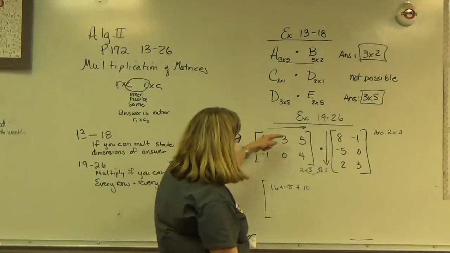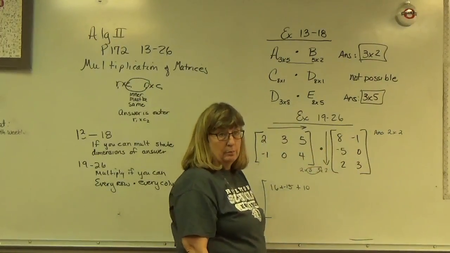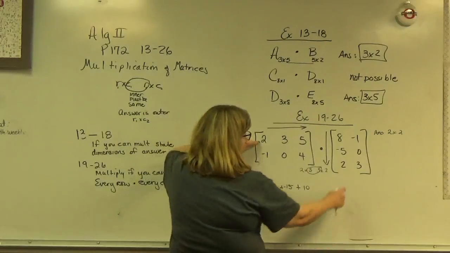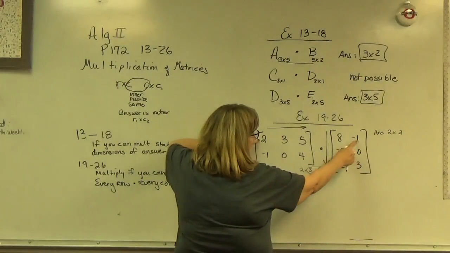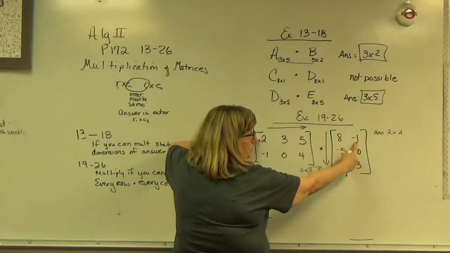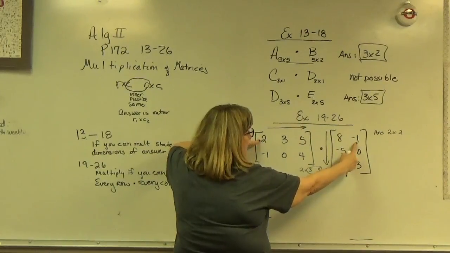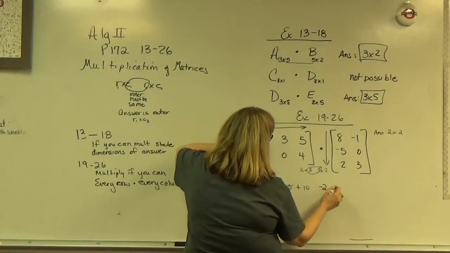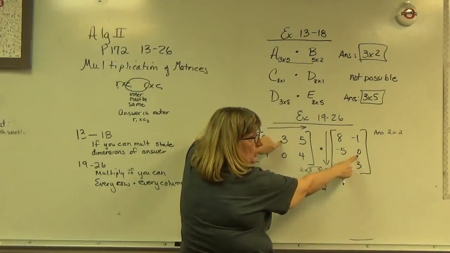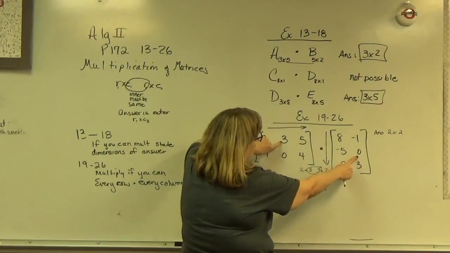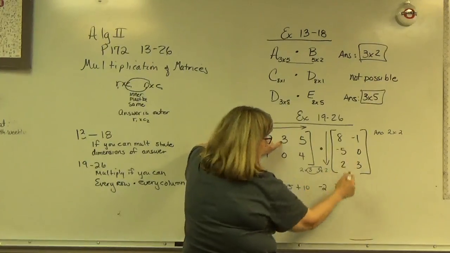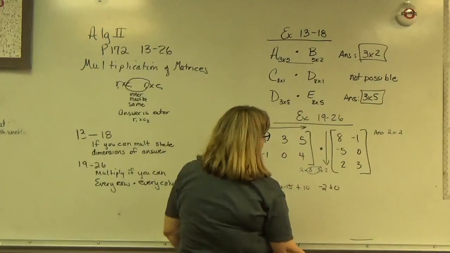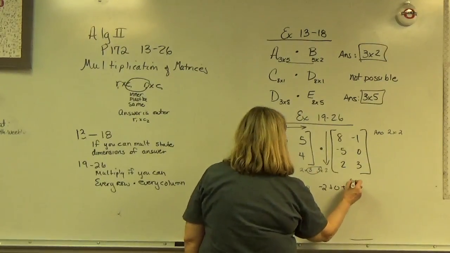Now we move to row 1, column 2. What's 2 times -1? -2. Then you move to the second position in the row and the column: 3 times 0 is 0. Then the third position: 5 times 3 is 15.